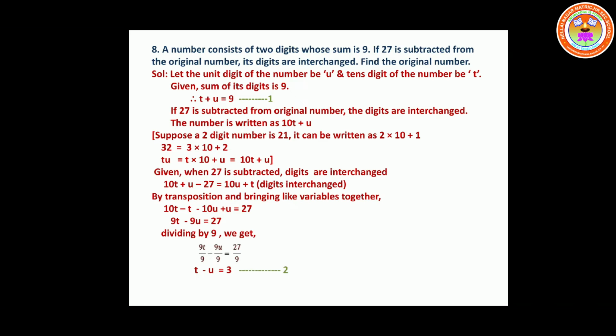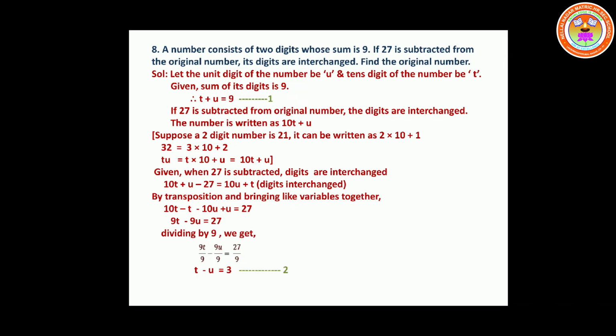Now we have framed the equation. Now I have to transpose and bring all the like variables together and the constant terms to one side. So by transposing and bringing all variables together, we have 10t minus t minus 10u plus u is equal to 27.